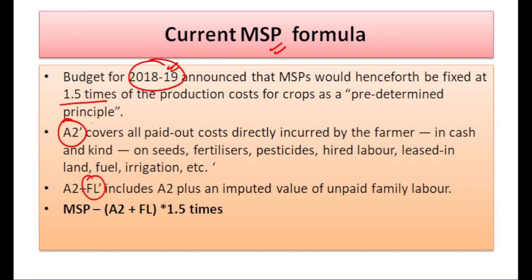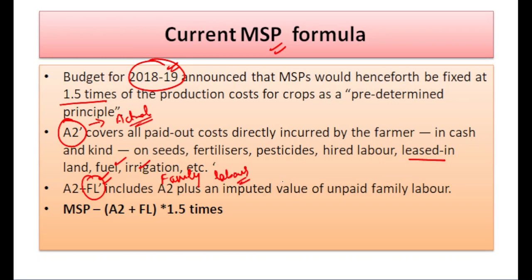A2 is the actual cost for the farmers. It includes the input cost on seeds, fertilizers, pesticides, it includes the cost of land if it is leased in, it includes the cost of fuel, irrigation, all other factors. And FL is the family labor aspect.